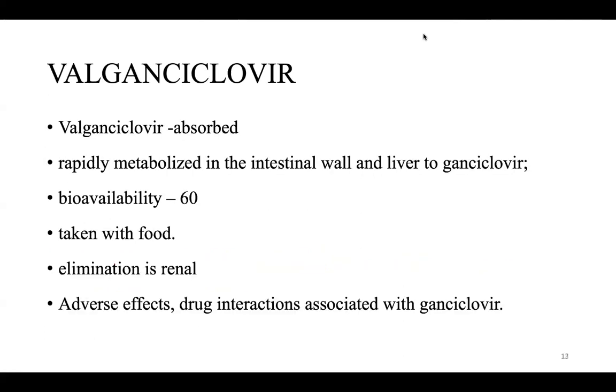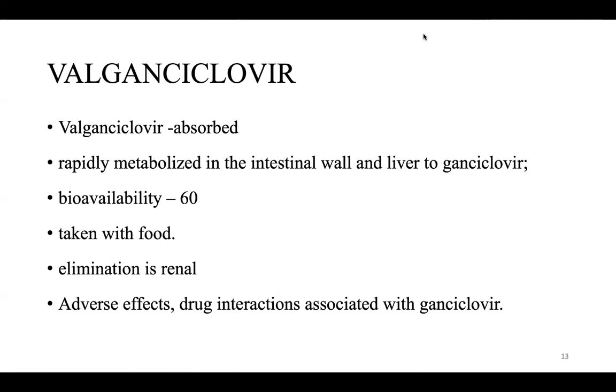Next drug, valganciclovir. It's the L-valyl ester prodrug of ganciclovir that exists as a mixture of two diastereomers. While valganciclovir is well absorbed and rapidly metabolized in the intestinal wall and liver to ganciclovir, no other metabolites have been detected.